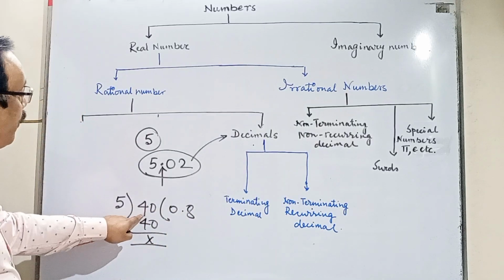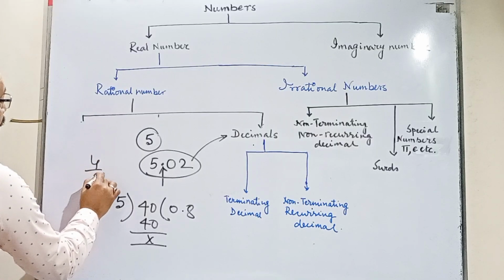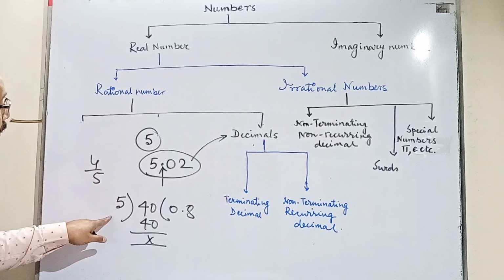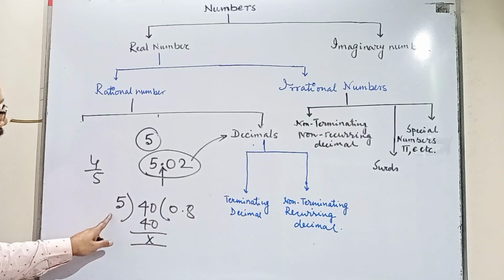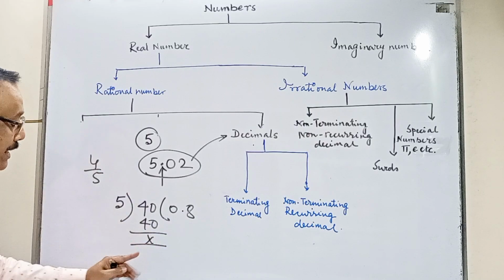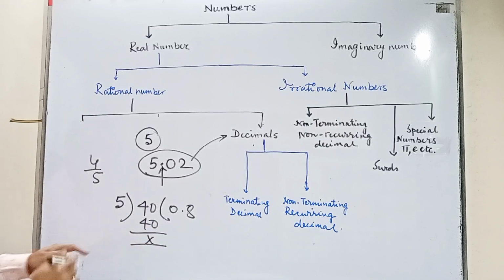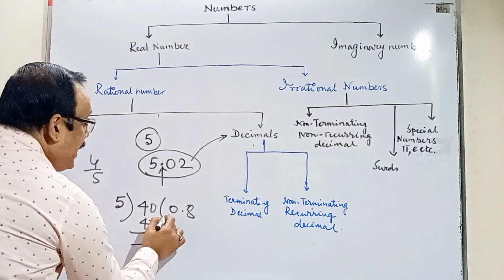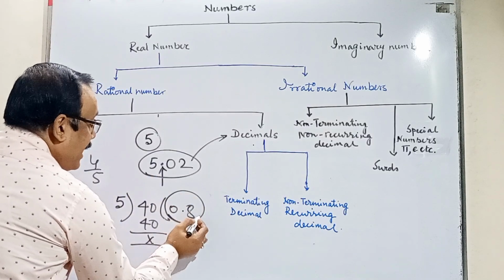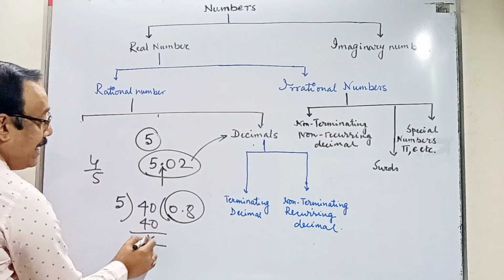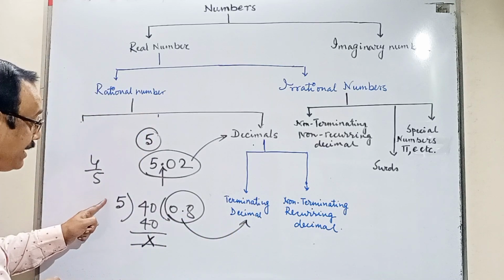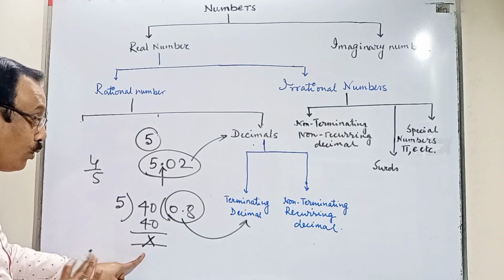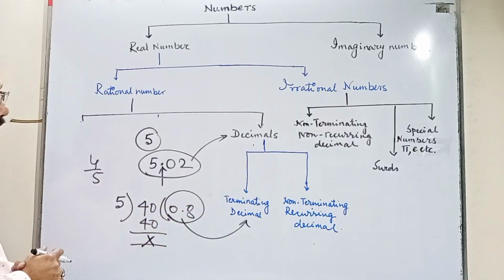I have divided 4 by 5 and with the help of 0.8, this division has ended or terminated, leaving no remainder. Whenever we divide and get a value such that the division has ended, then this is called a terminating decimal. That means I have divided and the division is complete, no remainder.